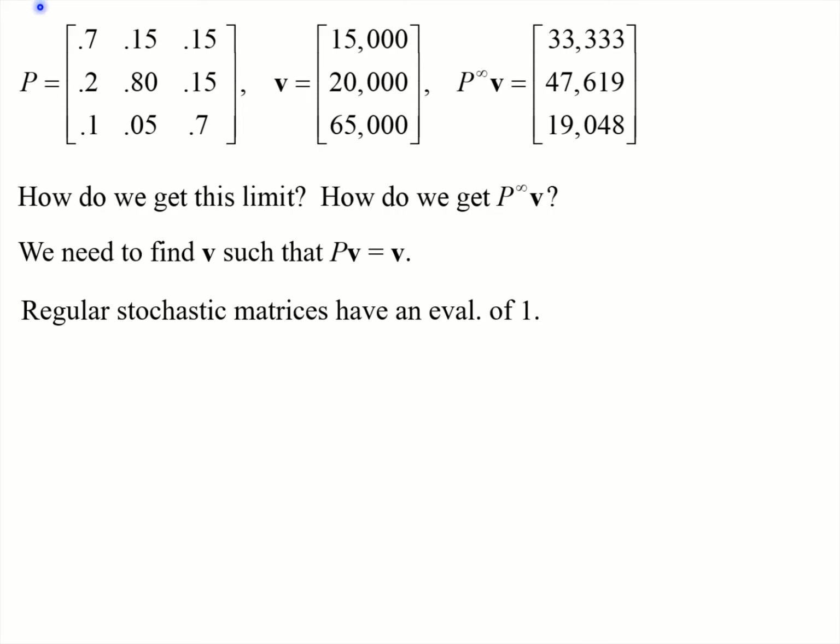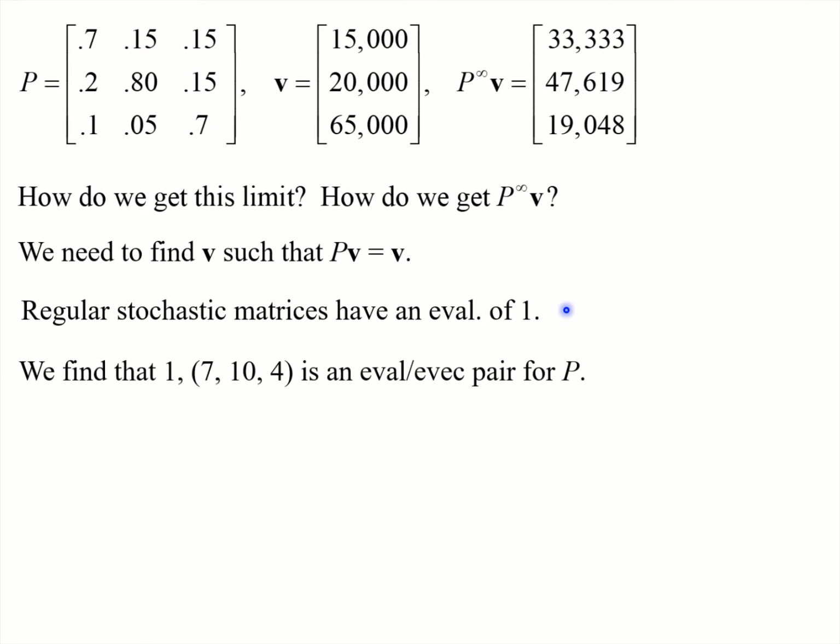And this one happens to be regular, and we're not going to get into the nitty-gritty definitions, but regular stochastic matrices have an eigenvalue of 1. So you can do the work on this if you want to verify this for yourself, but after a lot of work, you can find that 1, (7, 10, 4) is an eigenvalue-eigenvector pair for matrix P.